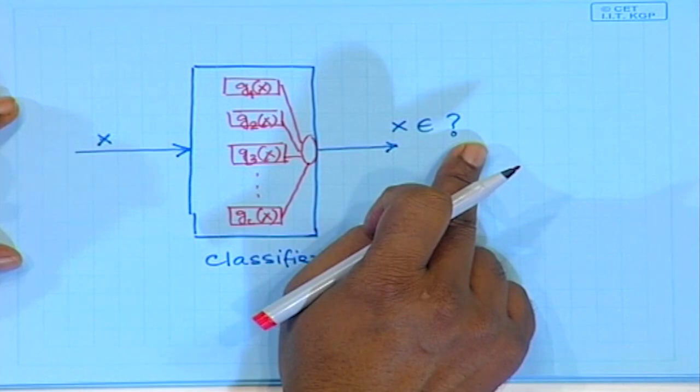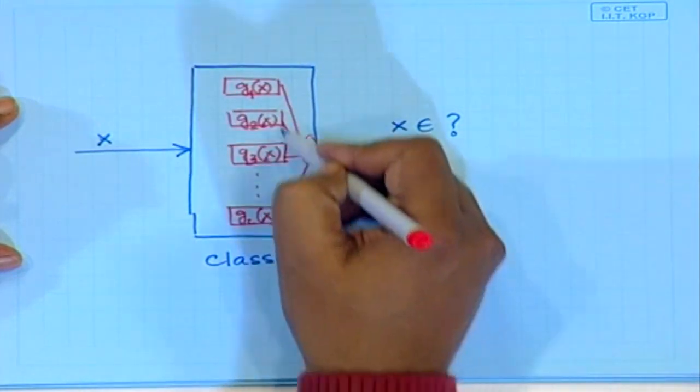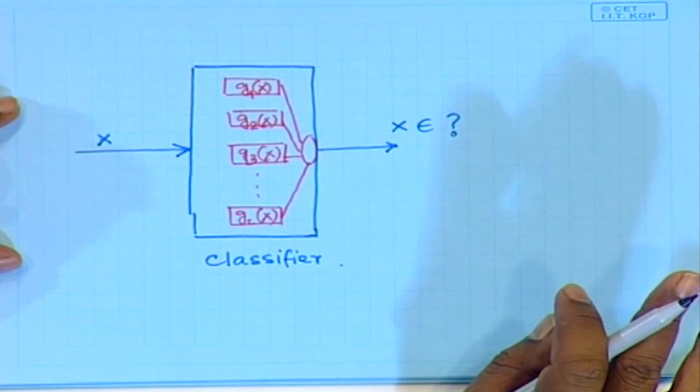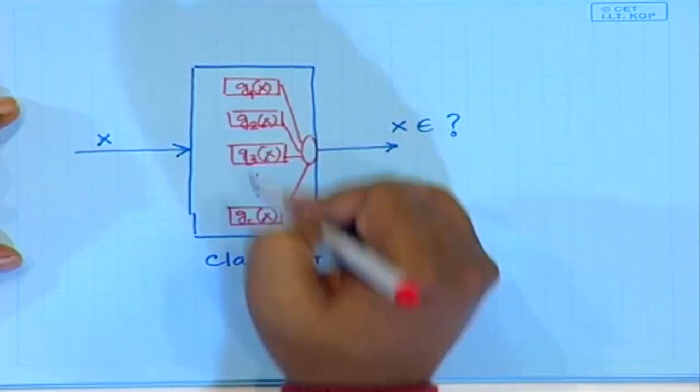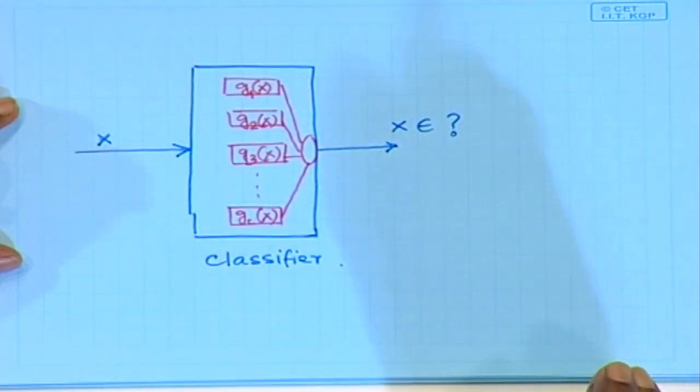Now, if I put a generalization that I will always compute the maximum of these functional values, then out of these C functional values, whichever functional value is maximum, I will put x into the corresponding class.